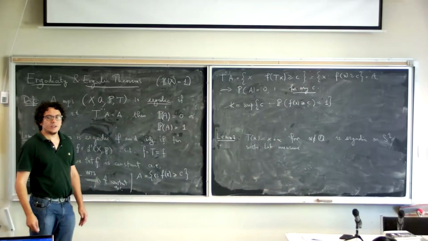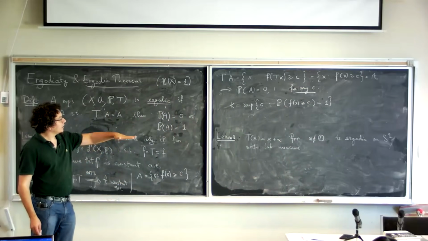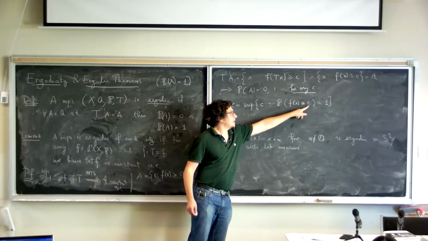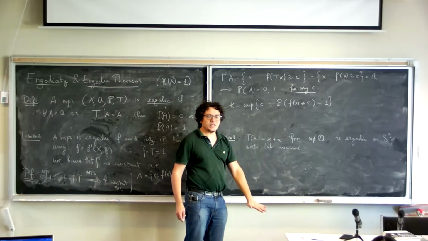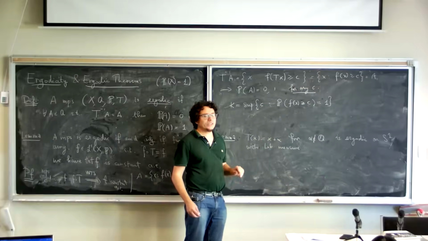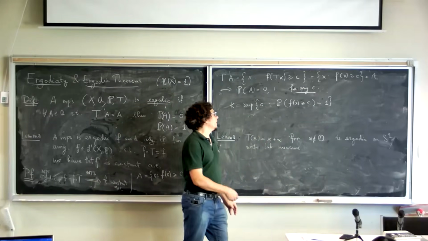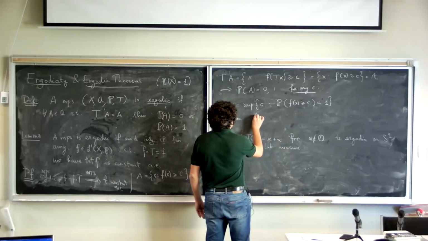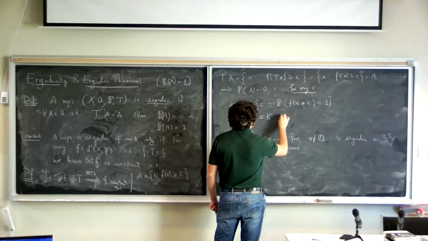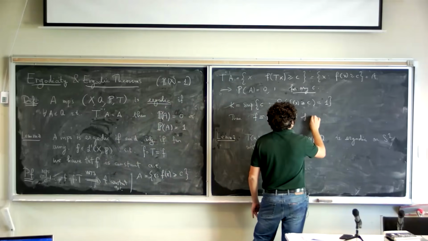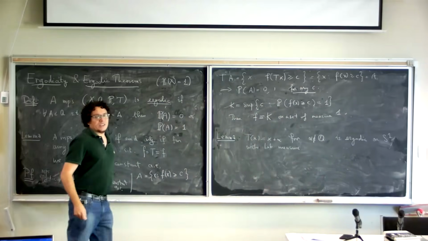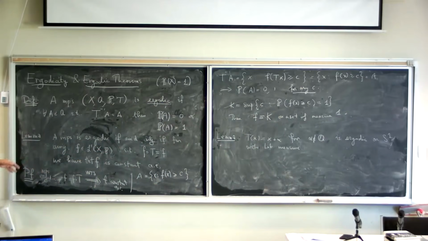If C is very small, the set has probability 1. So it's 1, 1, 1, and at some point it becomes 0. So you take the highest value such that this is 1, and then you can check that f equals K on a set of measure 1. So here's another good trick: take the sub-level sets. This is always a good trick.